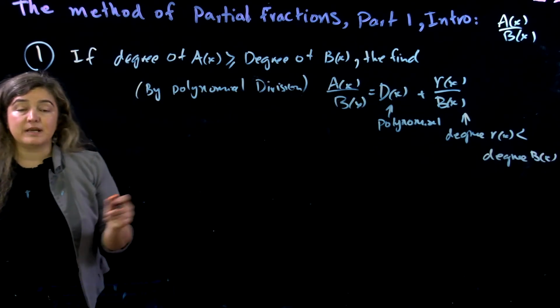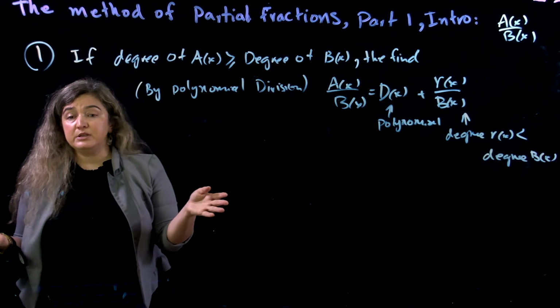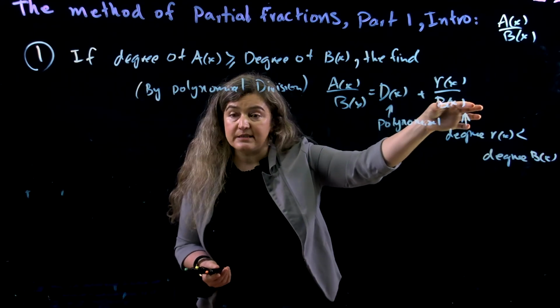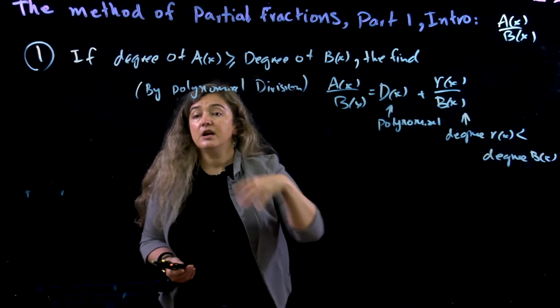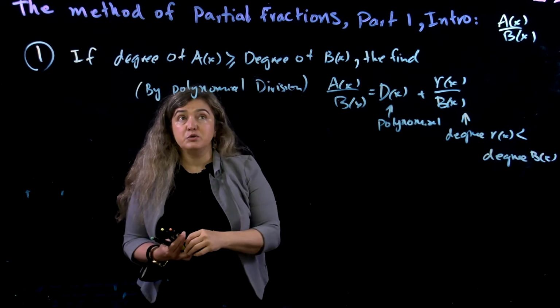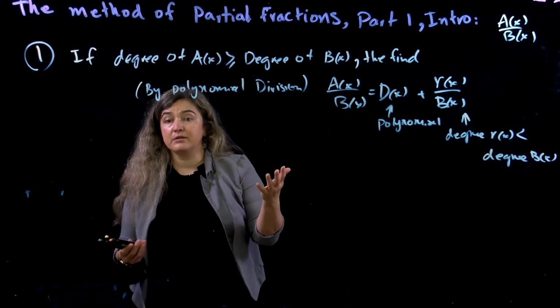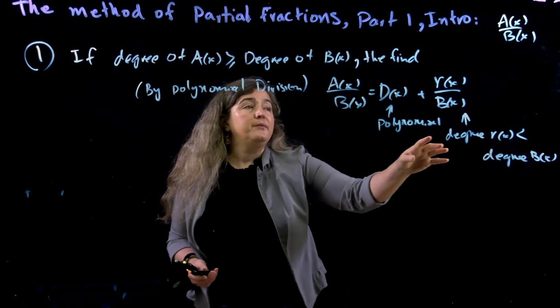So that's the first step. And why are we doing this? Because when the degree of the numerator is less than the degree of the denominator, then I can do the partial fraction, the method of partial fractions.